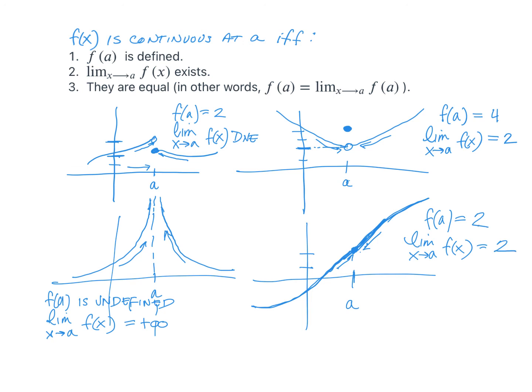Since f of a is equal to the limit as x approaches a of f of x, this satisfies all three criteria and is therefore continuous. So you can see intuitively this fourth example looks continuous, but it also makes sense with the mathematical definition that it's continuous.